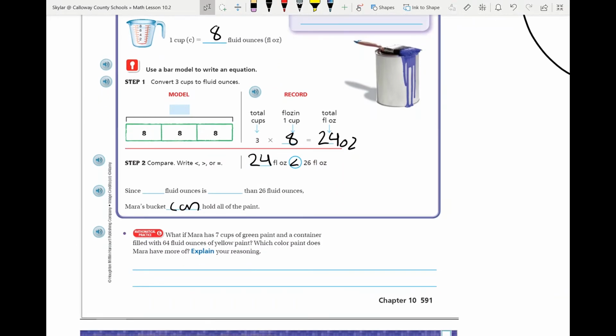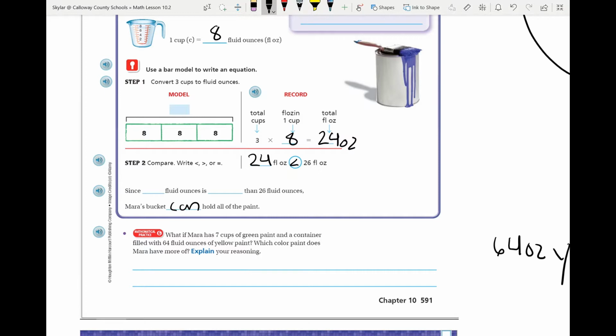And down here at the bottom, it's the same thing, just with different numbers. What if Mara has 7 cups of green paint and a container filled with 64 ounces of yellow paint? Which color paint does she have more of? Well, ounces is the smaller one here, so we're going to keep that. We've got 64 ounces of yellow paint. We've got 7 cups of green. So let's turn our cups into ounces.